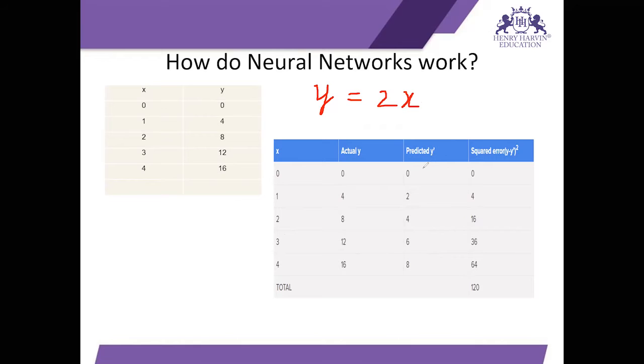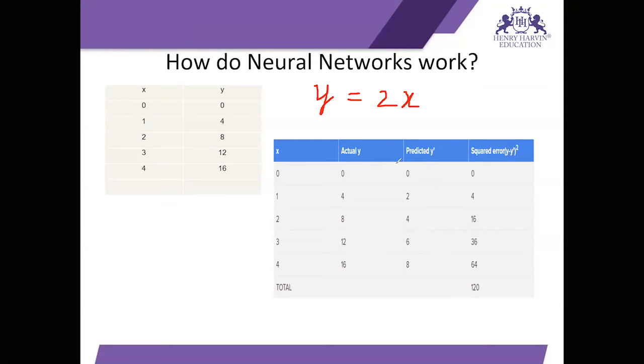Now let us try to find out the squared error. We know how to find the error in regression, right? The predicted y is calculated, and now we get the squared error, which is nothing but y minus y hat the whole square.